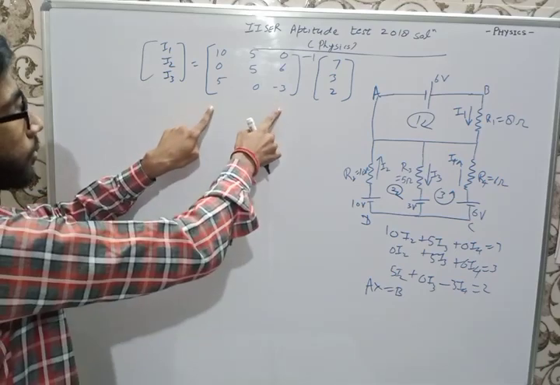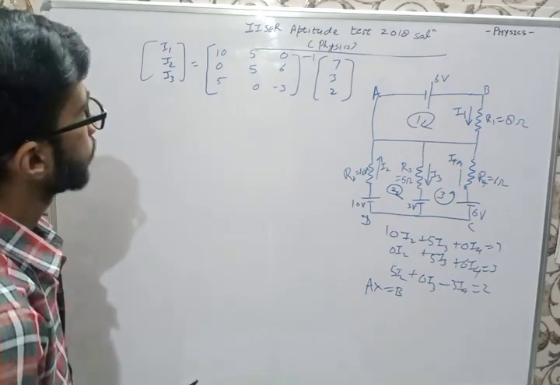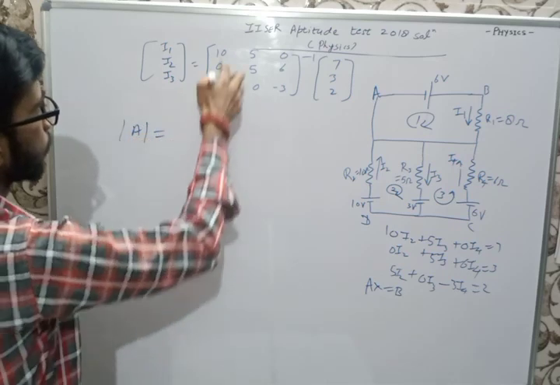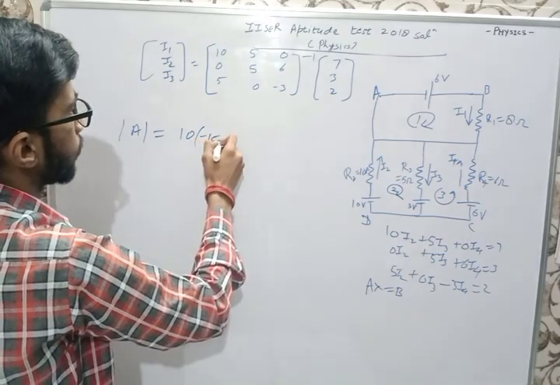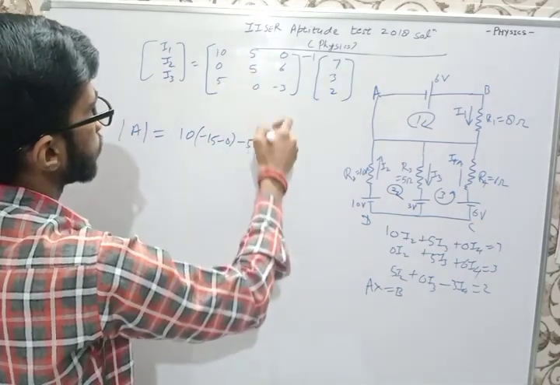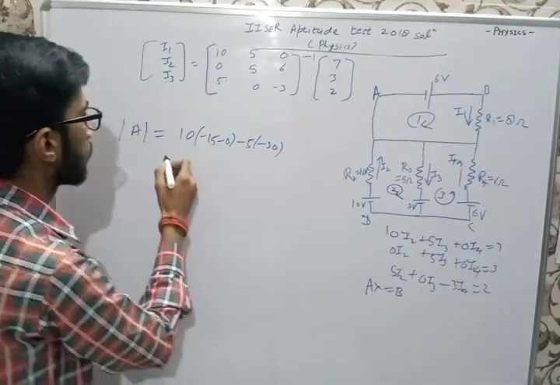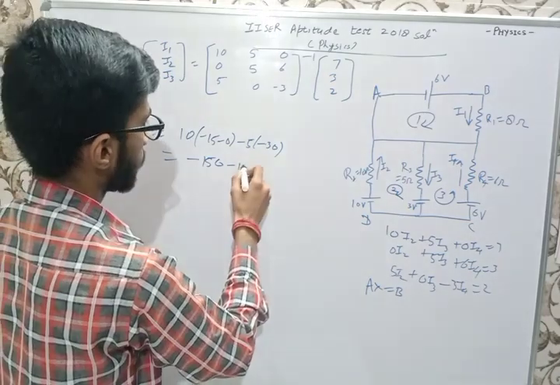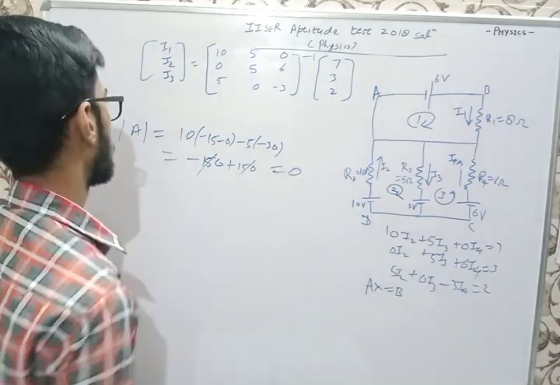Now first check the determinant, whether it is invertible or not. The determinant of this matrix, determinant A, is simply 10 times minus 15, minus 5 times 0 minus 30. If you multiply, minus 150 plus 150, these two will cancel, it is 0.